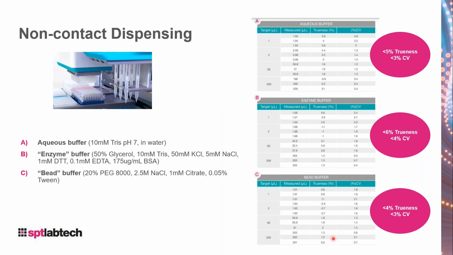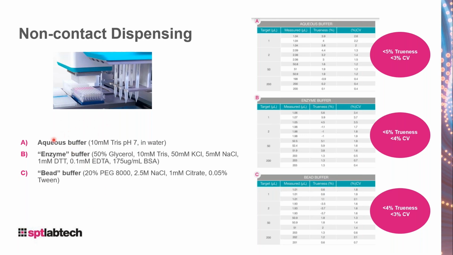So the non-contact dispensing performance was looked at as well. So this was using the head on the right, our positive displacement head. So we used a range of different reagents for this testing. All reagents were dyed with tartrazine again.